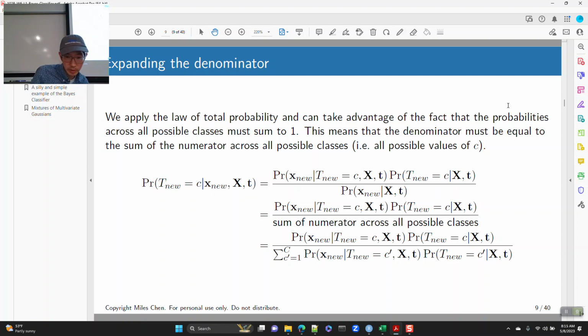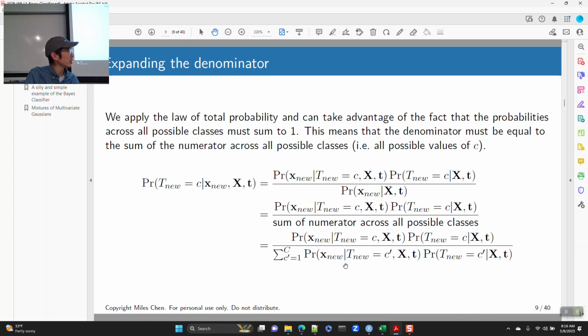What we will do is expand the denominator, the probability that we get some value X new, or all the values in X. We want to know the probability of getting the values in our new observation regardless of what class it is. This is really just the sum of the probability of getting these X values across all possible classes.